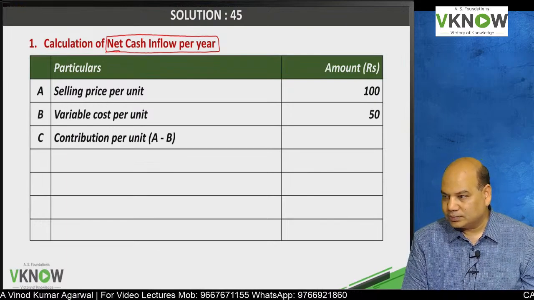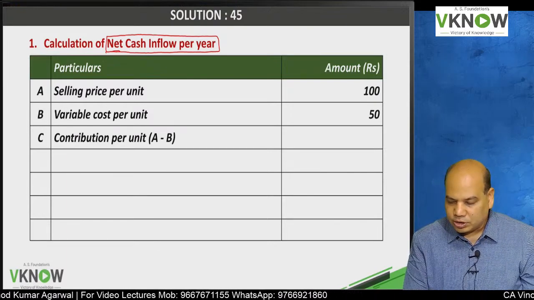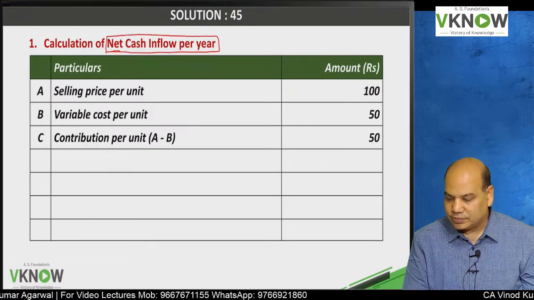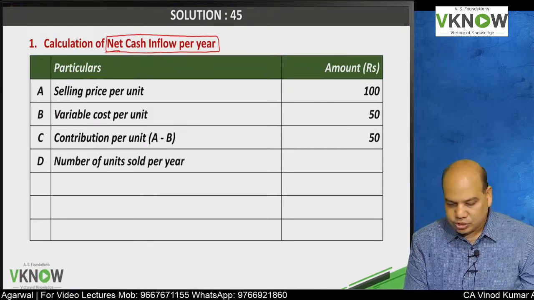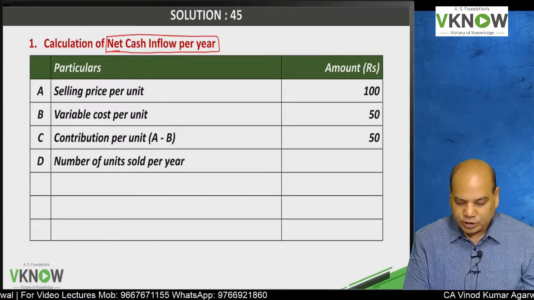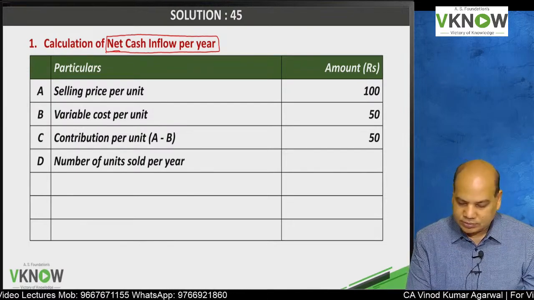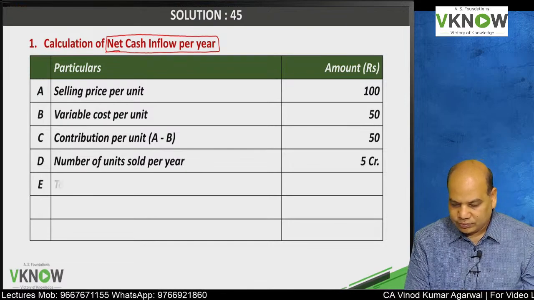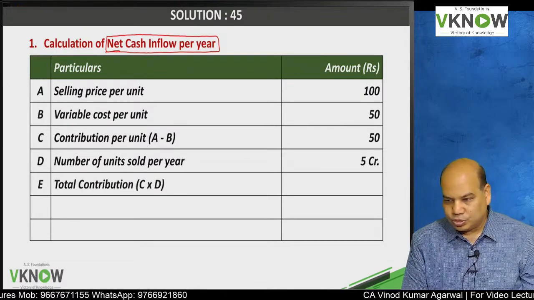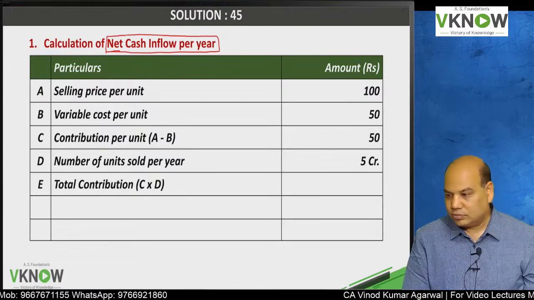Contribution per unit 50 rupees. Number of units sold per year 5 crore. So can I compute total contribution C into D?